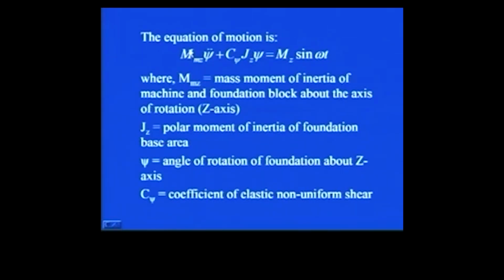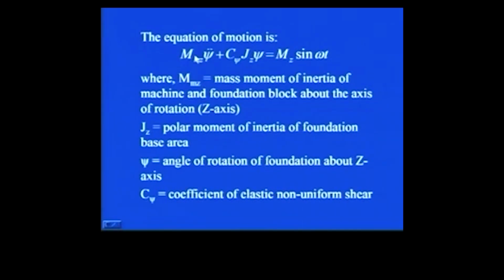So in that case, if it is rotating by an angle psi, then the equation of motion, as we did in the case of pure rocking of the block foundation, exactly on similar lines, is for yawing. The only difference is that now the moment has been applied along the vertical axis.